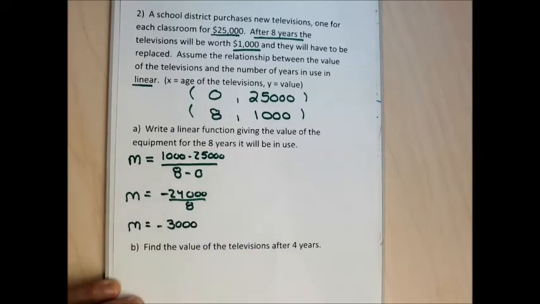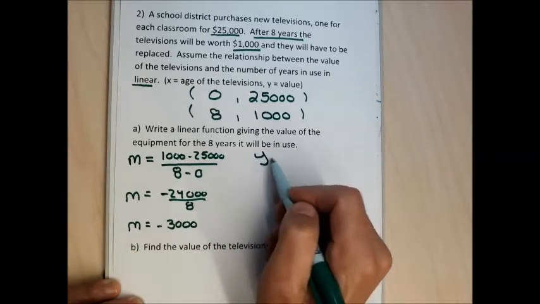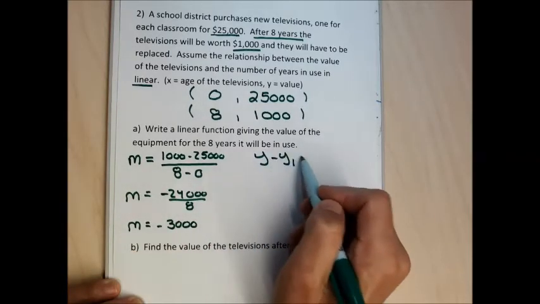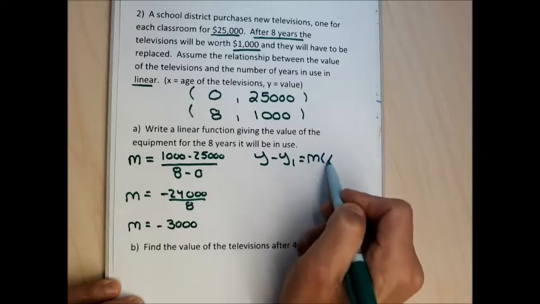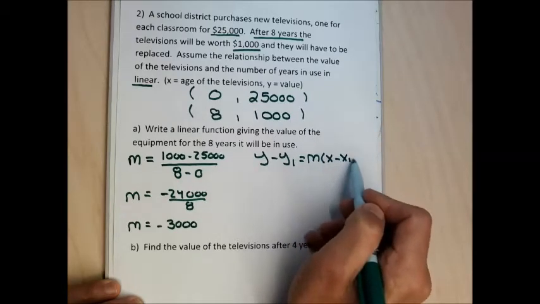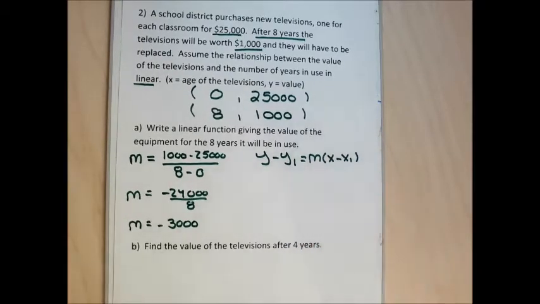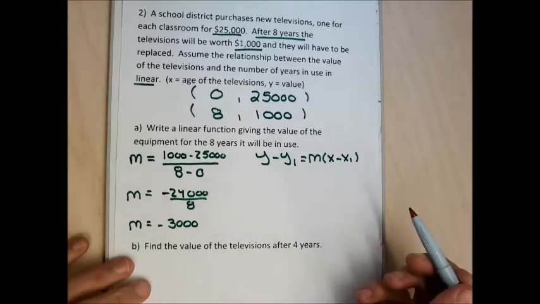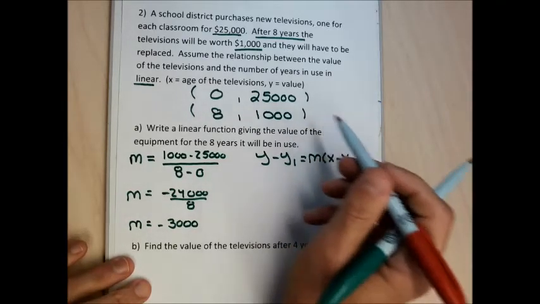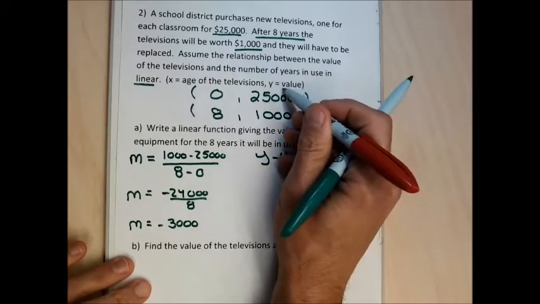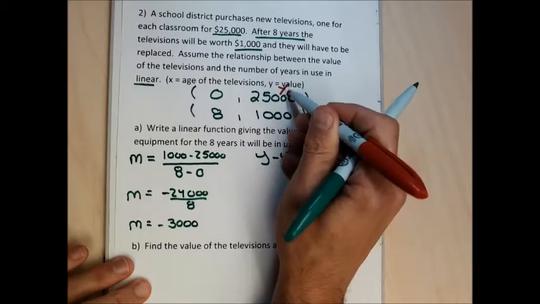And then once I have a slope, I'm going to use the formula y minus y1 equals m times x minus x1 to get an equation of a line in xy form, and then I'm going to change the xy form into function form. What I'm going to do for my x1, y1, and m is use the easier point. So in for y1, I'm going to plug 25,000.